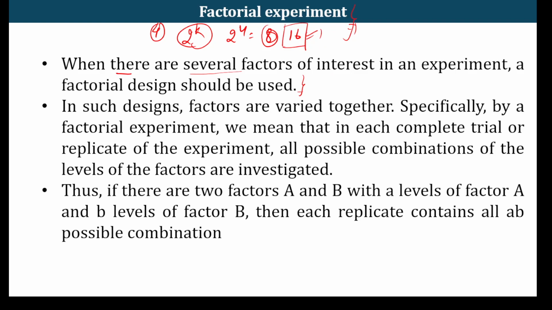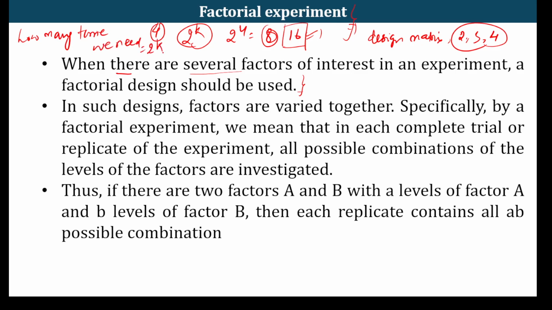We will use the design matrix for 2 factors, 3 factors, and 4 factors. In such a design, we have the formula for how many times we need to do the experiment.